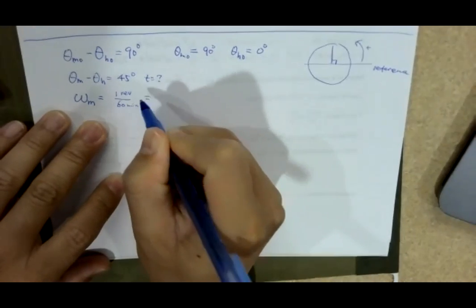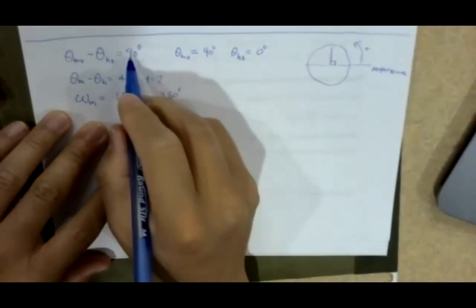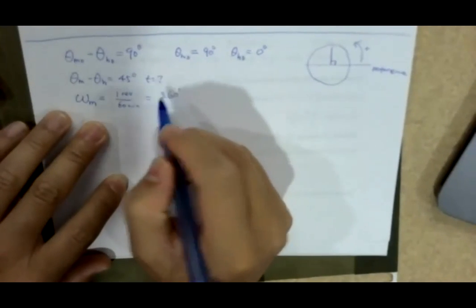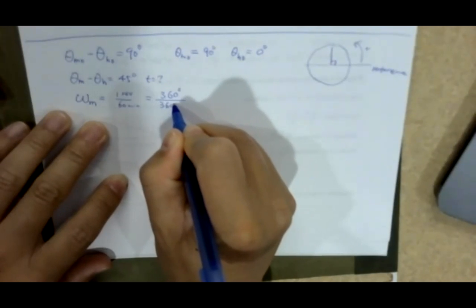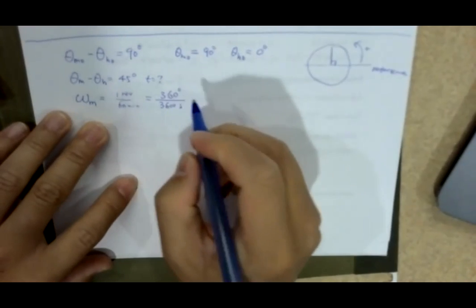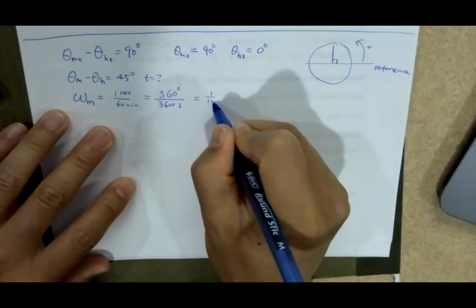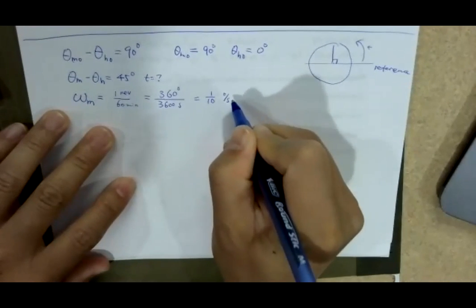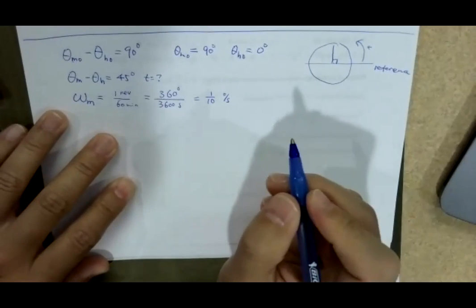One revolution is 360 degrees because we are given angles in degrees, so we can use degrees here. Divide by 3600 seconds, so 60 times 60 to be in seconds. So this is equal to 1 over 10. I'm going to just use a fraction here, in units of degrees per second, okay?